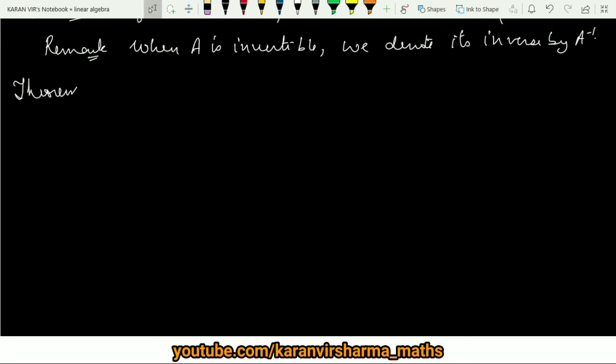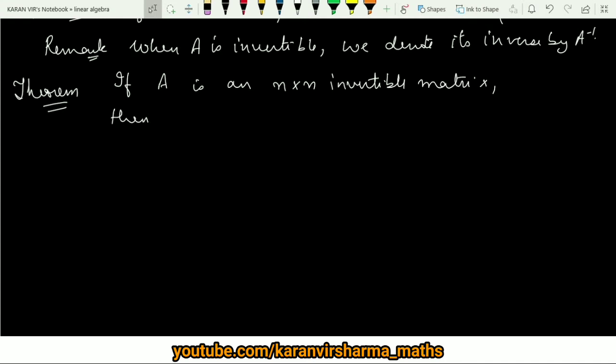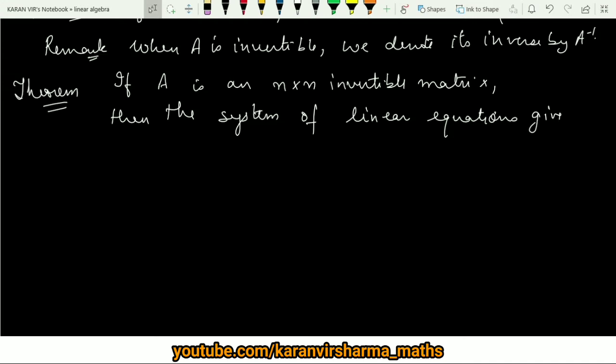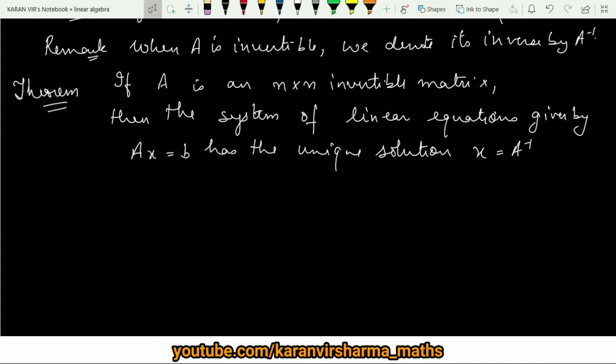The theorem states, if A is an n cross n invertible matrix, then the system of linear equations given by Ax equals B has the unique solution, that is x equals A inverse B.